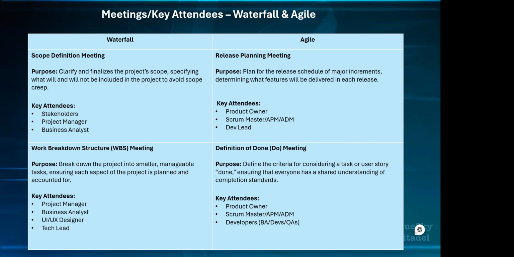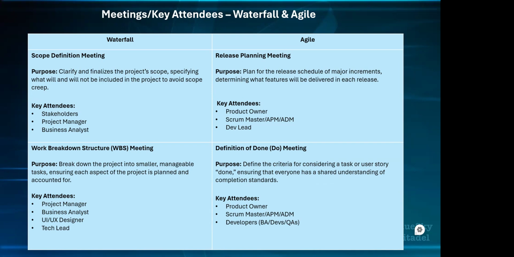It's normal for stakeholders to look at what you've done and start adding things that have not been initially aligned. That doesn't work for waterfall, because once they sign off, they sign off. They can't bring new things in. Okay, so that is what you have at the scope definition meeting.